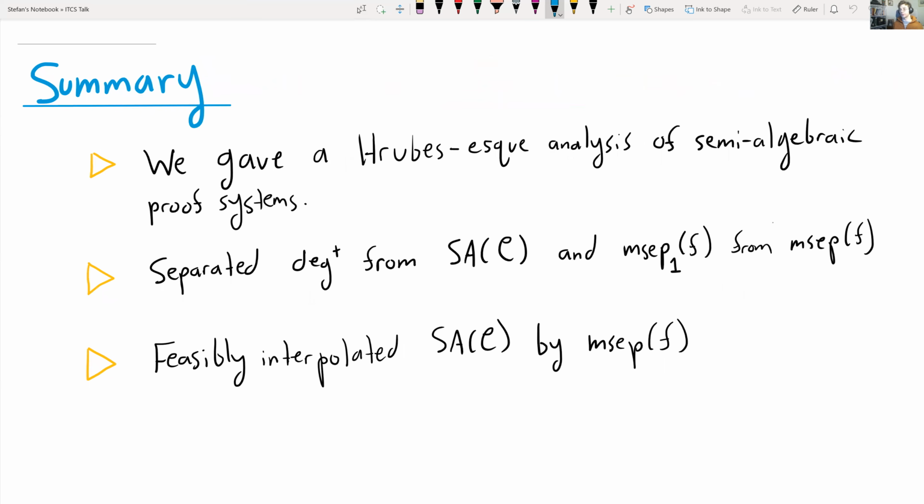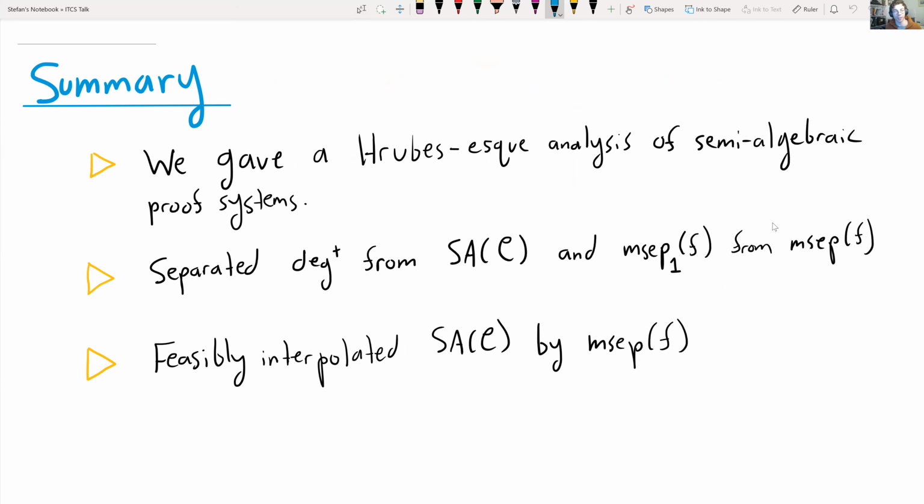So just to summarize everything we've seen so far, we gave a Hrubeš-like analysis of semi-algebraic proof systems where we did a minimization and saw what that equaled. In fact, if you did this minimization of conical junta degree, this gets you Sherali-Adams degree. And interestingly, the epsilon we saw for that minimization corresponds to coefficient size.